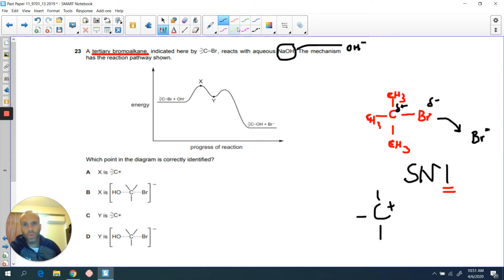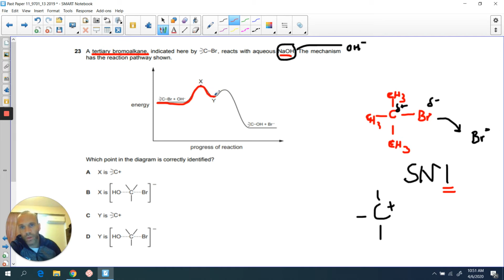So if we think about what we've just spoken about, this is the slow step, and it's happened independently of the sodium hydroxide. It's just happened on its own, and we've formed the carbocation here. So if we follow this reaction pathway, this is where we've got to right now.